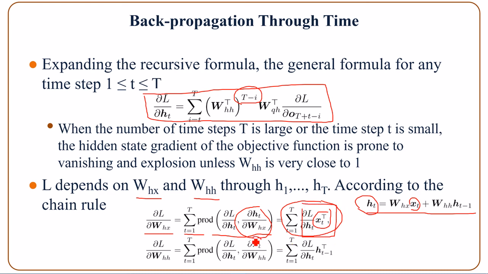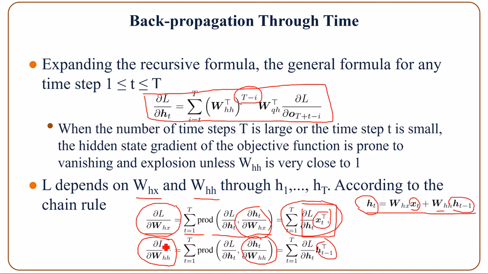And similarly, this derivative can be calculated when you take the derivative of h_t with respect to W_HH, and what you have left is just this, and that is in here in the second derivative. And that's how we get the derivative of the loss with respect to W_HX and the derivative of the loss with respect to the weight W_HH.